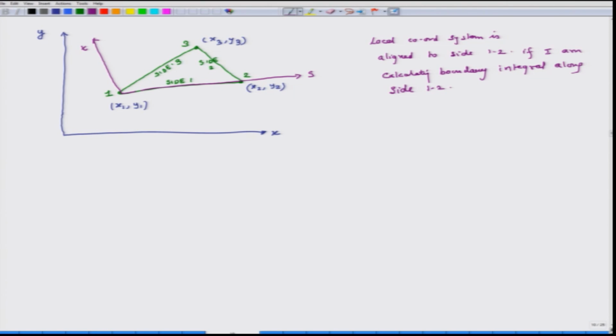If I was interested in calculating the boundary integral along line 3, 1, because I am interested in calculating about specific boundaries, then in that case my S axis would be in the direction of 3 to 1, origin would be at node 3 and the second axis would be normal to that S axis, understood. So, this is not exactly normal, so I will make it a better normal.